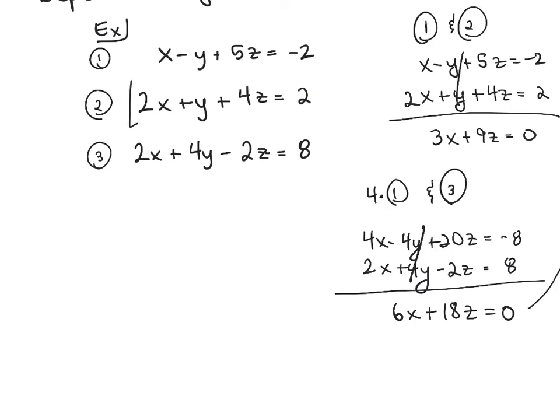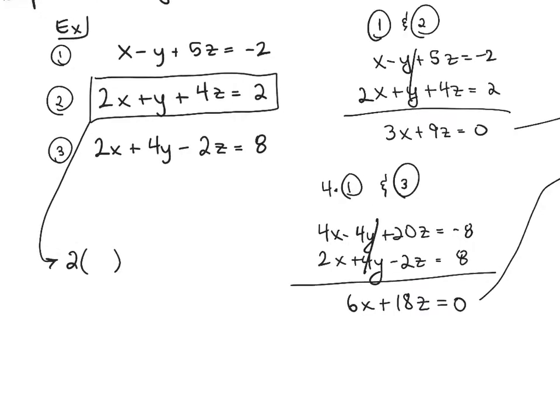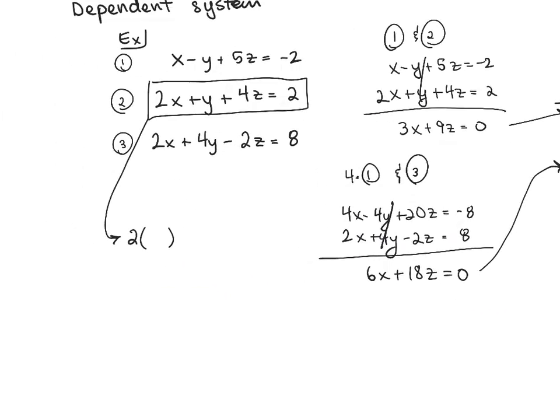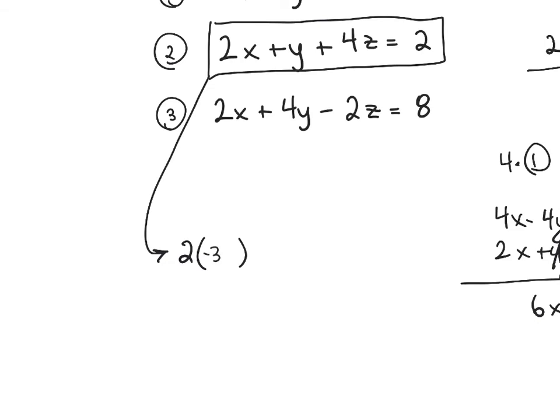So if I take equation 2, for example, and make the appropriate substitutions, 2 times x becomes 2 times the value of x, which in this case is -3t, plus y, plus 4, and then the value of z is t, and that's equal to 2. So we have -6t plus y plus 4t is equal to 2.